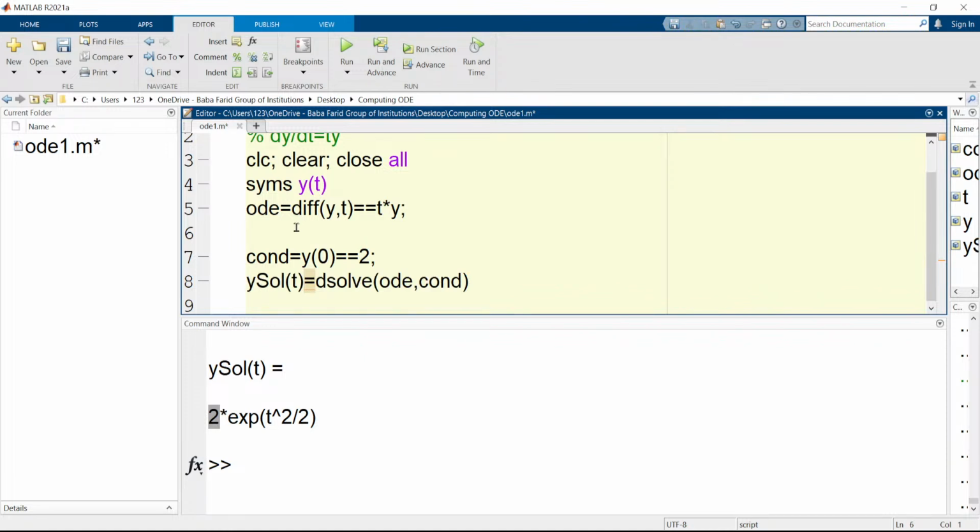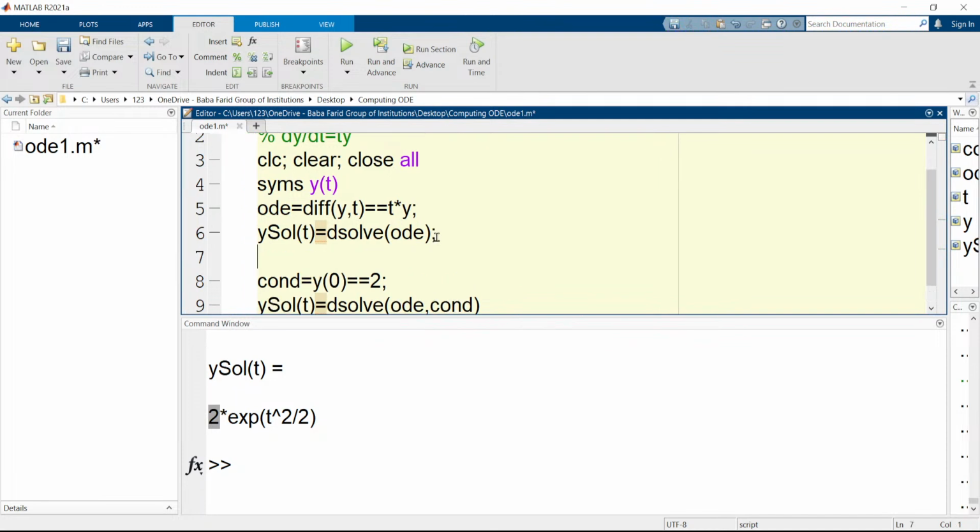Copy and paste at its place. Then display, you can do it in this way. Display solution without condition.